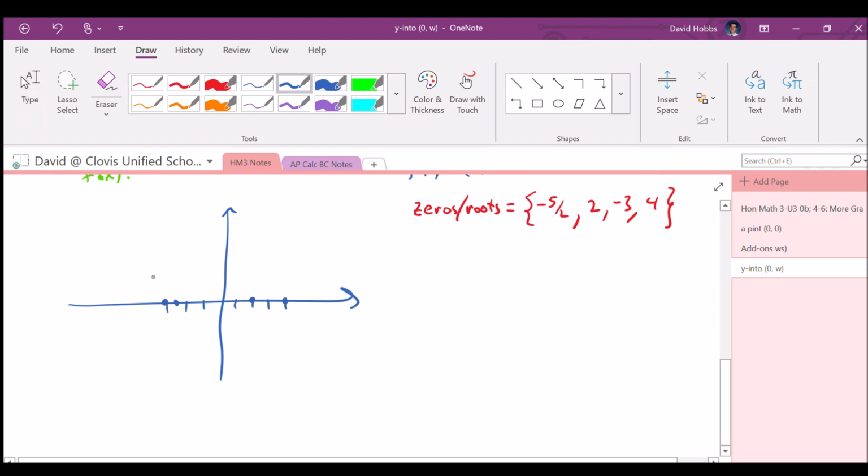So it starts high, goes through, goes through, goes through, goes through, ends high. Label things: negative 3, negative 5 halves, positive 2, positive 4, and what was my y-intercept? 120.